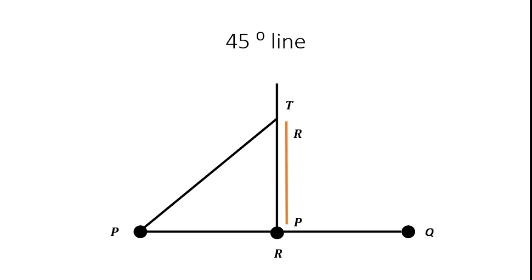I mark PR on the perpendicular line and notate that point as T. After that, I connect P and T with each other. From this, I can get the 45 degree line in geometry or graphics for engineering applications.